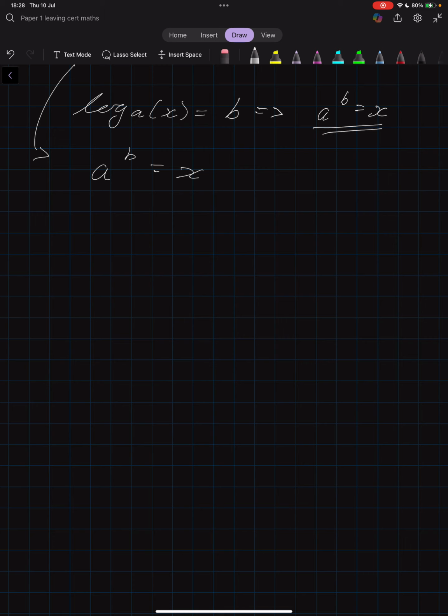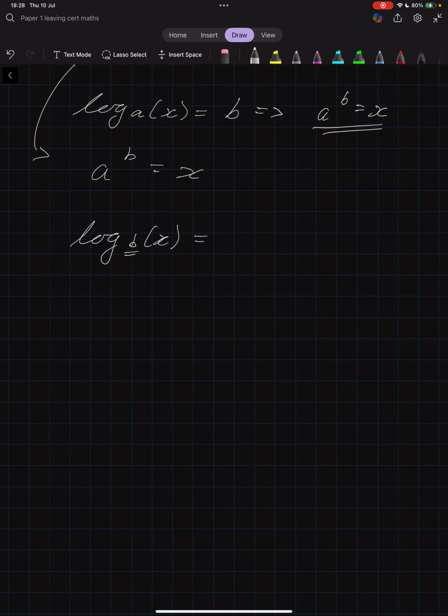Now, one of the most important ones, this is a very, very important one, is changing bases. So log to the base b of x. If I want to change the base, so in this case it's b, to something else, so maybe it's 8 or 9 and I want to change it to a 2 or a 3. I'll go through an example of that in a second. But how do you do that?